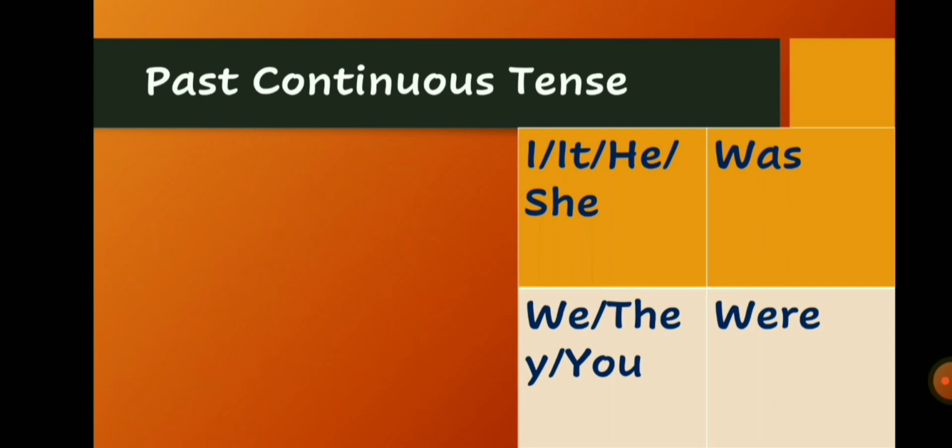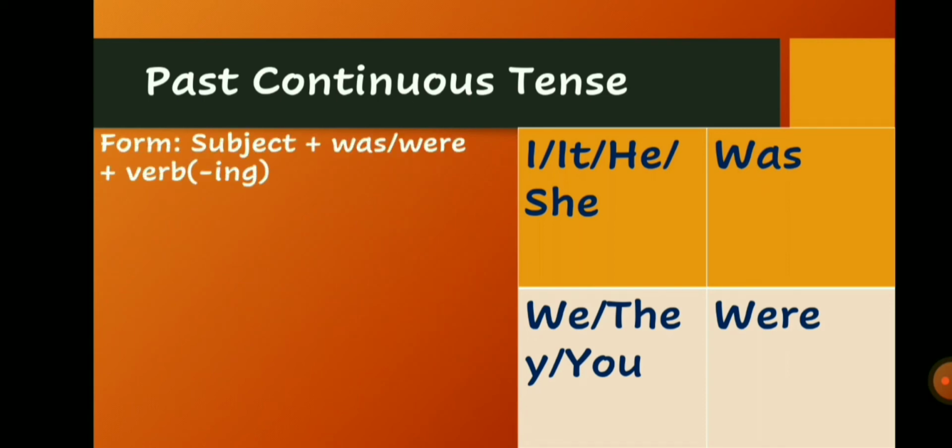Past continuous tense is made as subject plus was or were plus verb in ing form.